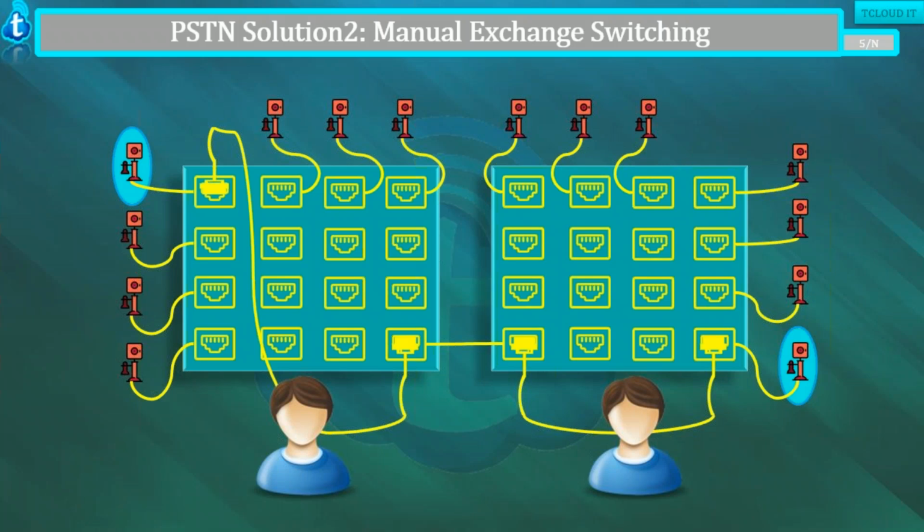Here, in this case, we have five joints in total. This is one piece of wire, this is another piece of wire, then the third piece, fourth piece, and the fifth piece. In the earlier case, we joined only three pieces together to make a circuit. Now we have joined five pieces because both these users belong to two different exchanges.